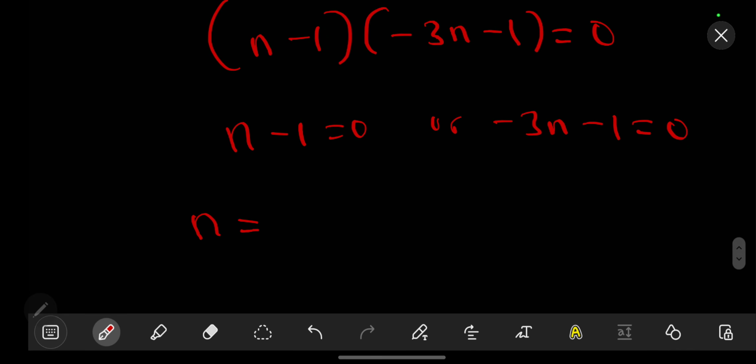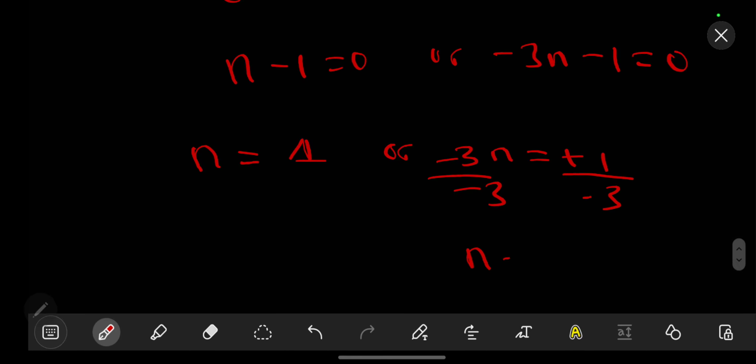So our n value is equal to positive 1, or our negative 3n should be equal to positive 1. We divide by negative 3, our n value should be equal to negative 1 over 3. The other n value is equal to 1.